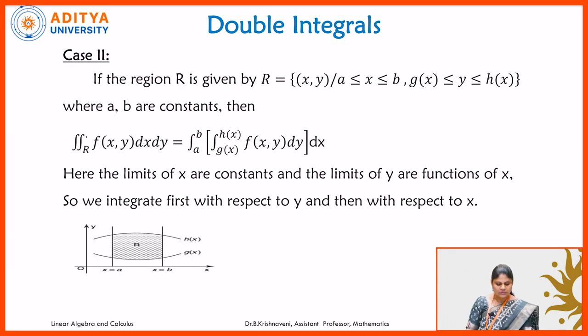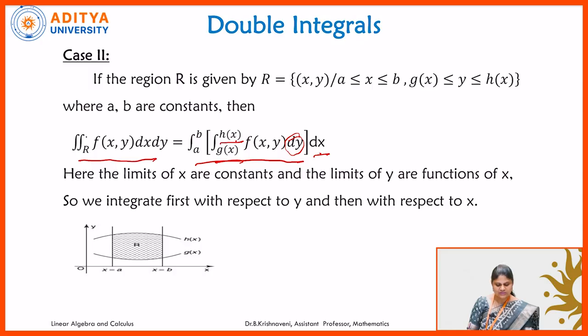Case 2. Now if the region is given in such a way that you get the double integration in this form, here the y limits are variable limits and the x limits are constants. Since the limits are in terms of x, those are the limits of y, and the other limits are constant, which give the limits of x.